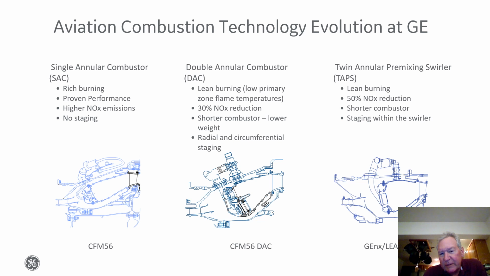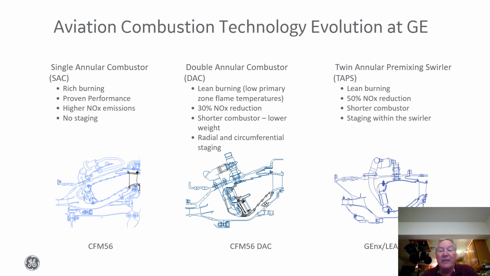So our most recent products, the GE-NX and the LEAP, and actually the GE-9X, which is just recently certified, those all use this twin annular premixing swirler concept, or we call it TAPS. It allows for lean burning.